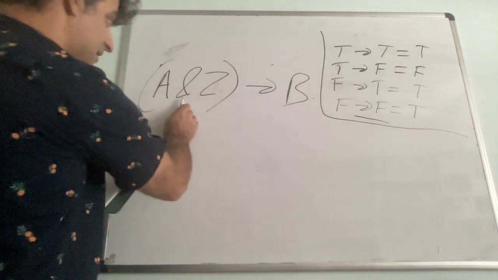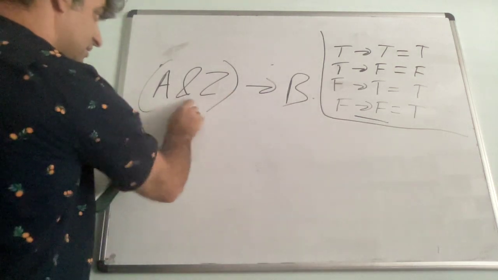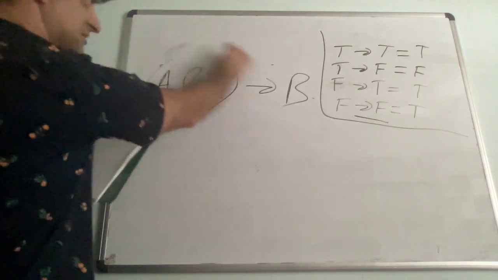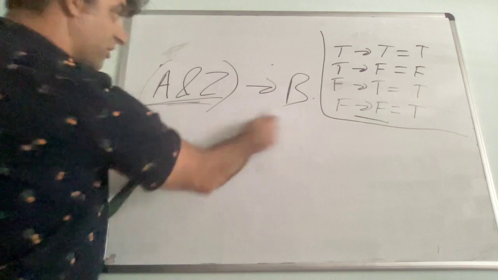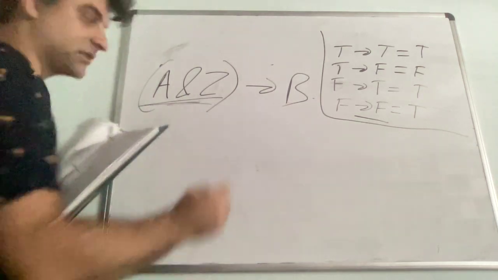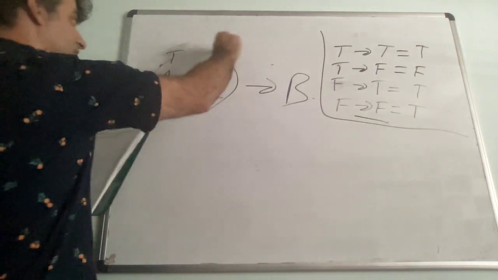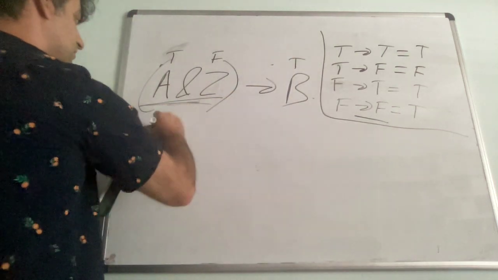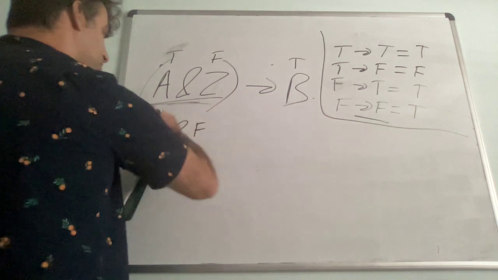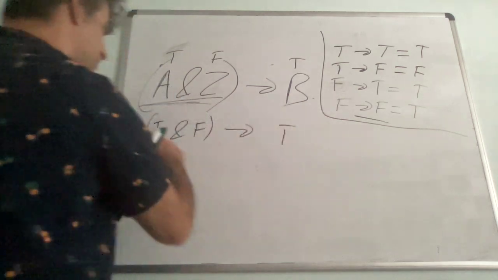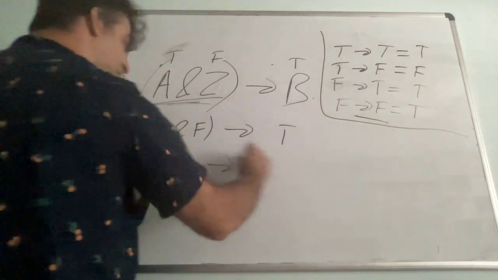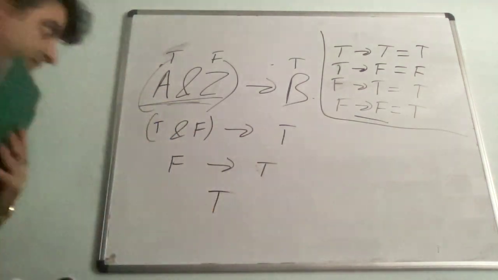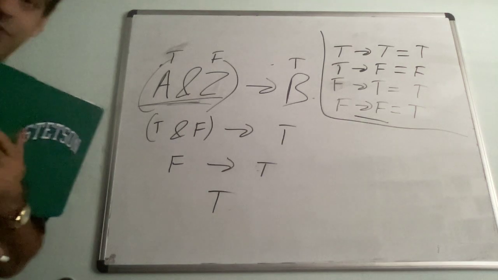Inside punctuation, this is a unit. And then this unit is the antecedent of this larger if-then statement, where this is your main connector. And we've got true, false, true. So we have (true and false) arrow true. True and false is false, but false arrow true, indeed, as long as you have a false antecedent, is true.